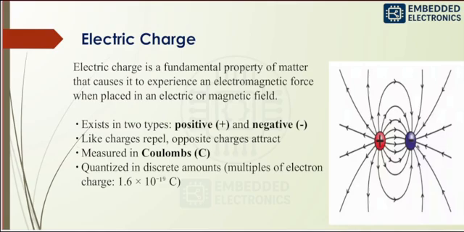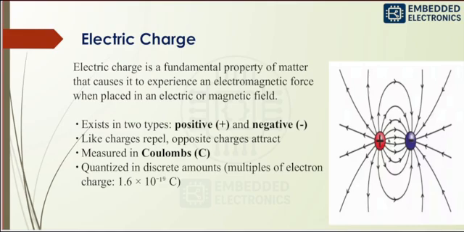Let's see what electric charge is. It is the fundamental property of matter that causes it to experience an electromagnetic force when placed in an electric or magnetic field. There exist two types of charges: one is positive and the other is negative.